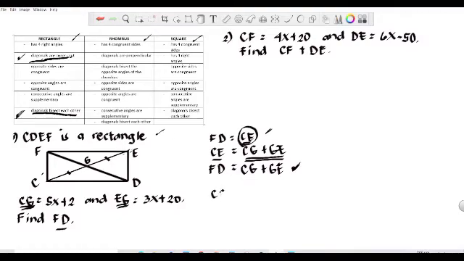So, we can write here that CG is equal to GE. And with that, we can solve for this. I-substitute lang natin ang mga values na ito. So, CG is this one. So, isusulat natin dito ang value ng CG, which is 5x plus 2. And that is equal to GE or EG. They are just the same. That is 3x plus 20.